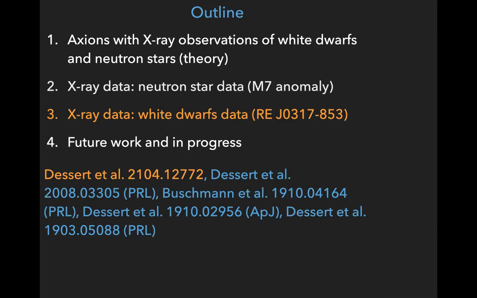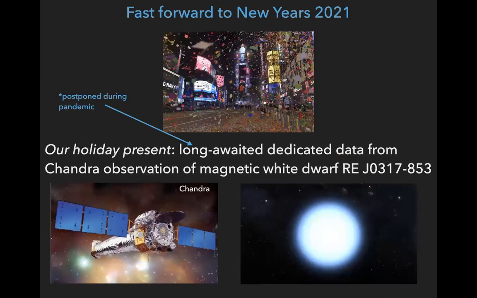So now let me tell you about this recent work on looking for the same process, but not in neutron stars, instead in white dwarfs. It was New Year's 2021, just a few months ago. New Year's 2021 was not as any of us hoped or imagined it would be.